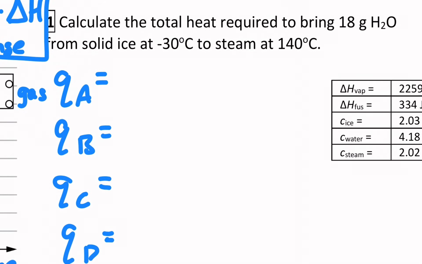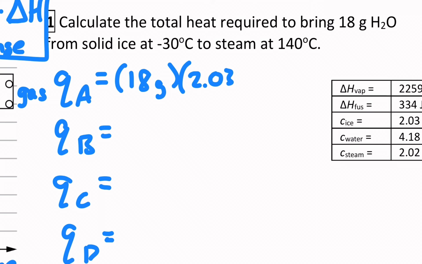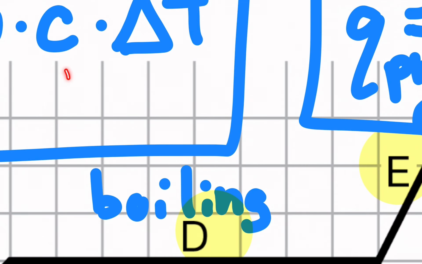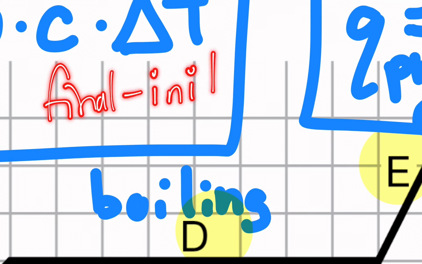So segment A is a temperature change. So it's the mass, 18 grams, times the specific heat of ice, which is 2.03 joules per gram degree Celsius, times the delta T. Delta T is always final minus initial. It's always where you are at the end minus where you just were.